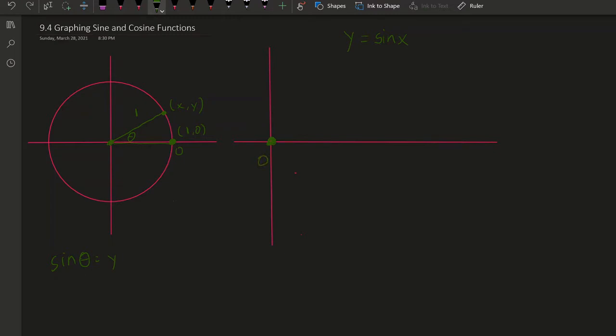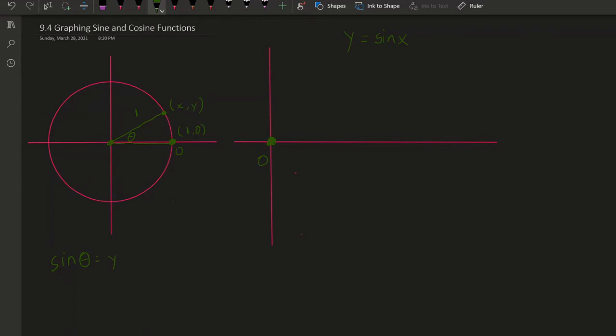Now as theta increases, for example, if it gets to 30 degrees, y is going to be a half. We discovered that in our last unit. And then if we get up to 45 degrees, it's going to be square root of 2 over 2. Those are all points that are kind of difficult to graph.